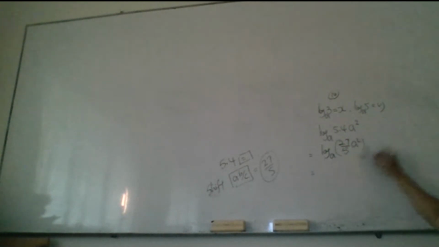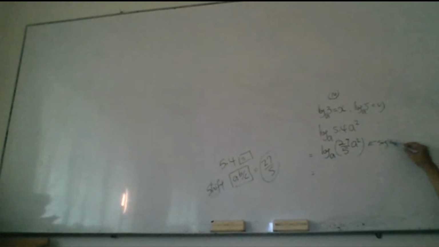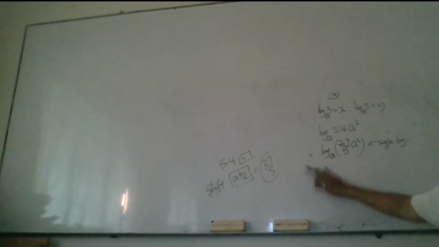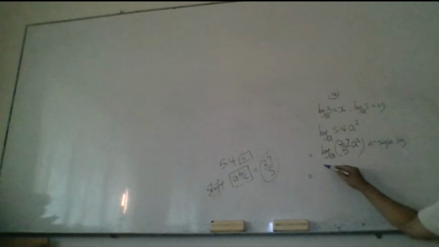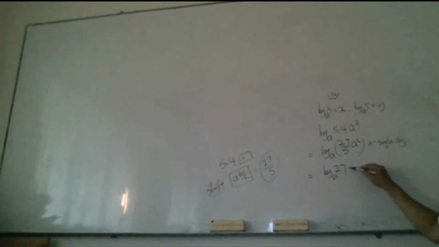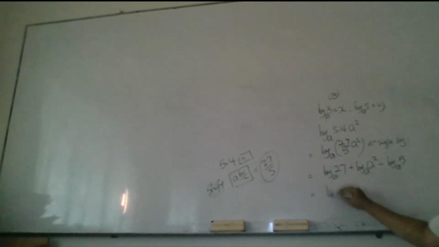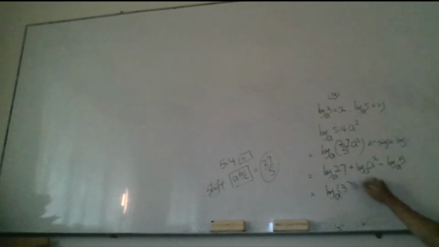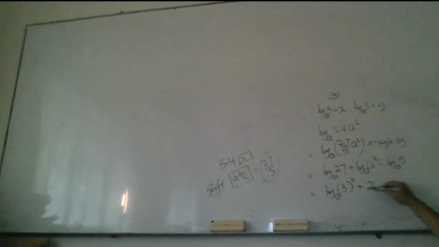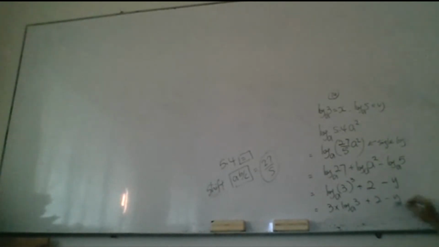We know that this is called a single logarithm, so according to the law, we need to split. So log_a 27 plus log_a a squared minus log_a 5. 27 will be equivalent to 3 to the power of 3, and for a squared I just put 2. Log_a 5, I have no choice, it is y. So 3 times log_a 3, plus 2, minus y.